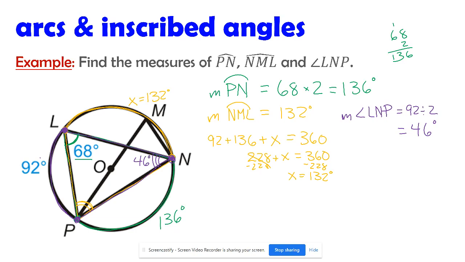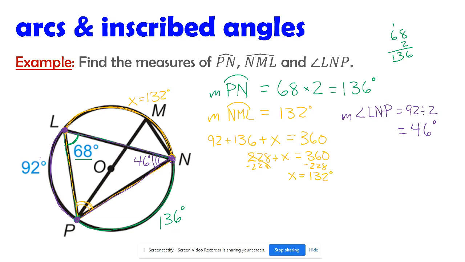You're not always going to have to find this many things with one diagram, but you're going to have to mix and match things that you know to figure out the angle or the arc that you're looking for. To find these three things, there were 2 things we knew. We knew that an inscribed angle is half as big as the intercepted arc it creates.